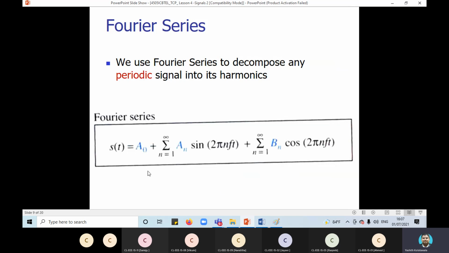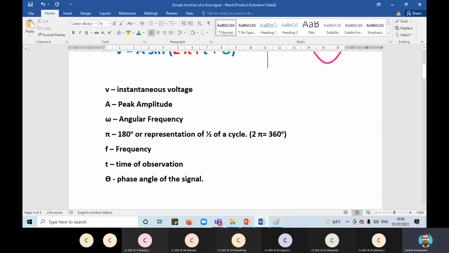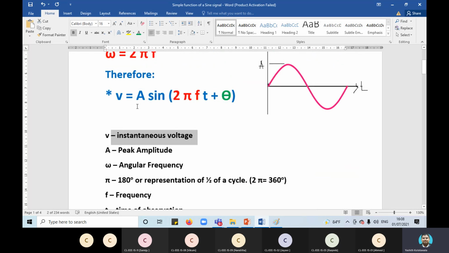So now with this, you need to understand what the components are that you see in the Fourier series, and at the end of the day, S, the function of t. S is a function of t. What is this? This is the instantaneous voltage of the complex signal. In this you see V, simple V is the instantaneous voltage of the simple sinusoidal signal.